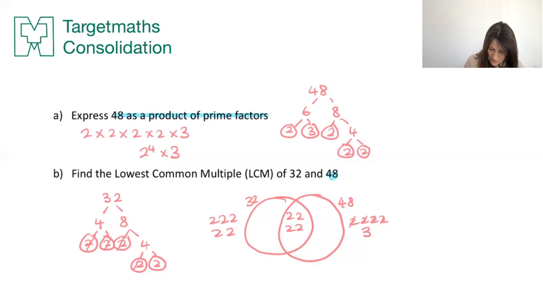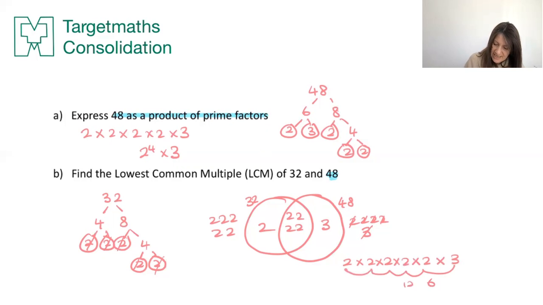And then we've got 1 2 left over, 1 3 left over, and that's what we'll be multiplying together. So we've got 2 times 2 times 2 times 2 times another 2. There's 5 of them all together, times by 3. So 3 times 2 is 6, double it's 12, 24, 48, 96. 96 is the correct answer there. Okay.